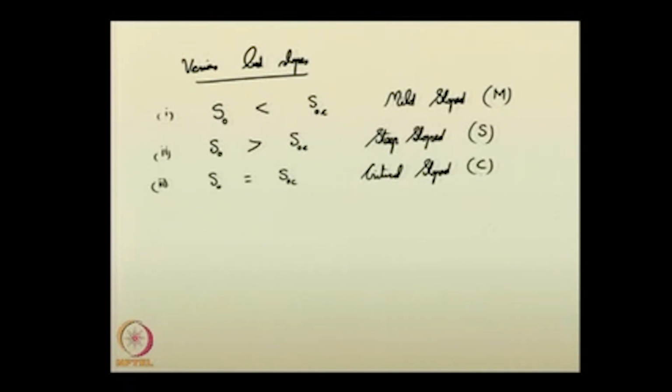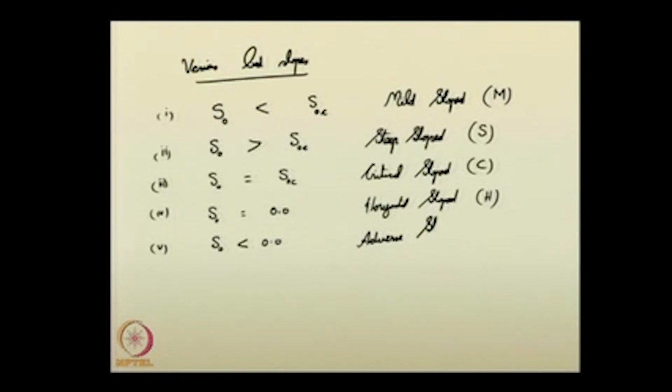We give the symbolic letter C. If your actual bed slope is 0, that is, there is no slope at all, they are called horizontally sloped channels, represented by H. And if the bed slope is less than 0, they are given as adverse sloped channels, A. Okay.